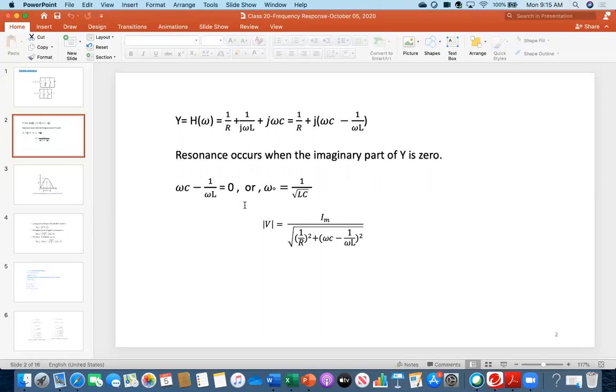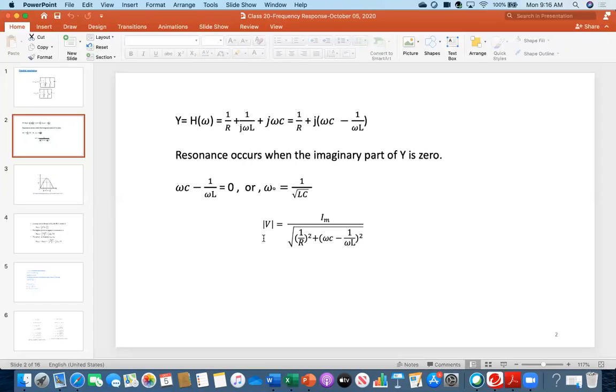Changing the symbol to omega naught, because we get omega squared LC equal to 1, omega naught is called the resonant frequency. Ultimately you get omega naught equal to 1 over root LC. In the last class, for the series circuit, we calculated the magnitude of current as V over impedance.